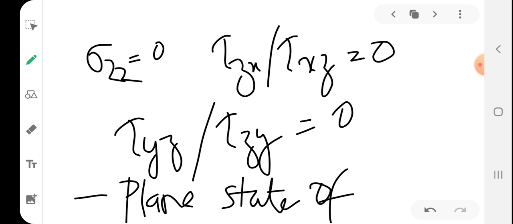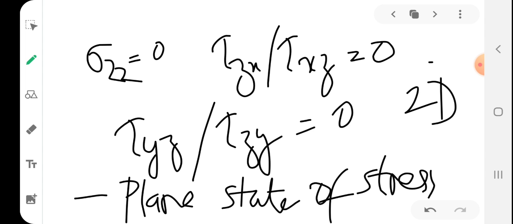Here we have a value for the stress, whether it is normal stress or shear stress, only in the xy plane. So this state is also generally known as two-dimensional stress, 2D.